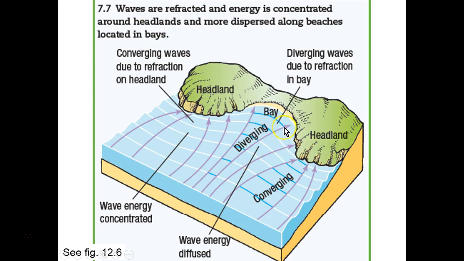And what that makes happen is basically less energy being directed at areas that are little coves. So what we have here at a headland, we have waves that are crashing and breaking against that headland, whereas in this little cove, this little bay, we have really gentle waves. And so you can have this nice little gentle beach form because of sediment that is being eroded, or rock that's being eroded and transported into this little beach.